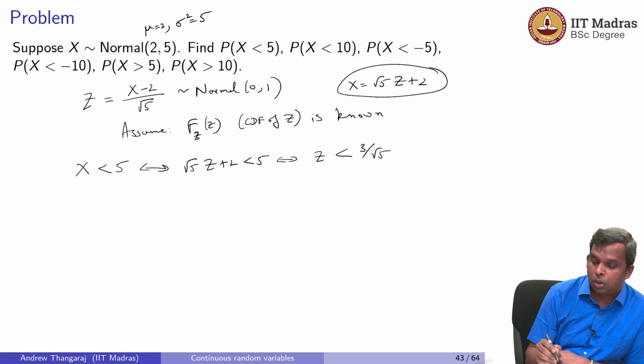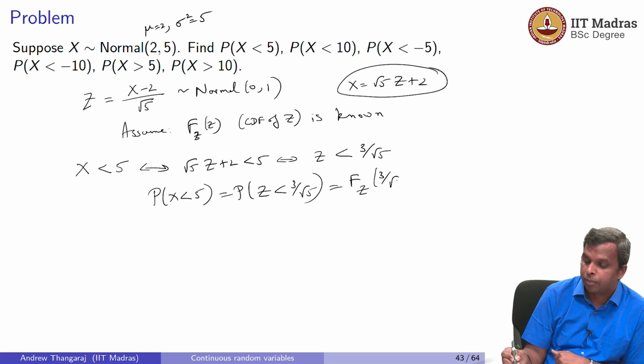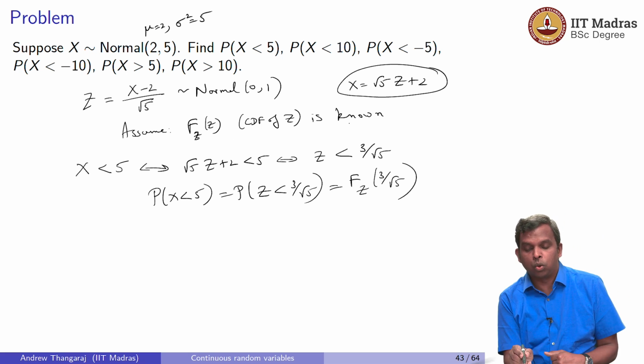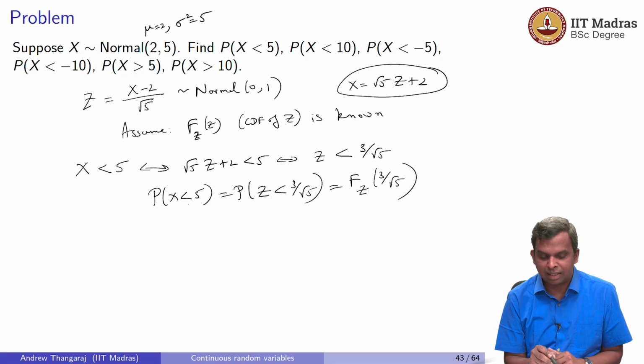Okay. So now what is this? Probability of x less than 5 is equal to probability that z is less than 3 by root 5, and that is simply F_z of 3 by root 5. So we are going to assume this function is known, as in some table is given to you, or there is computing software that's given to you, where if you plug in the CDF of the standard normal, it will give you the answer, right? So that's something that you can do. So this is the probability of x being less than 5.